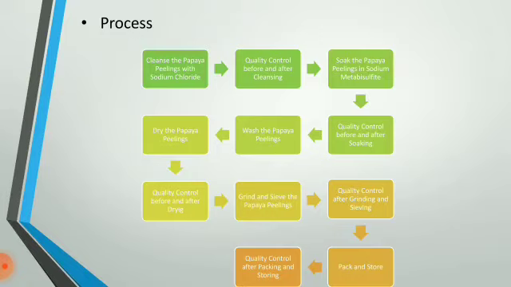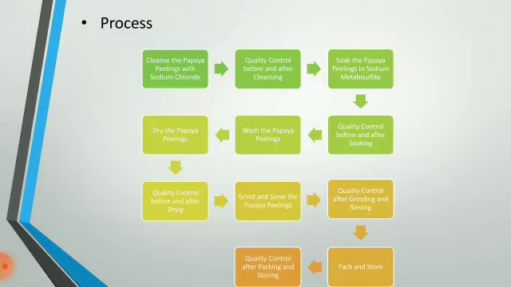Soak the papaya peelings in sodium metabisulfite, quality control before and after soaking, and then wash the papaya peelings, dry the papaya peelings, quality control before and after drying, grind and sieve the papaya peelings, quality control after grinding and sieving, pack and store, quality control after packing and storing. So that's how you process the flour.